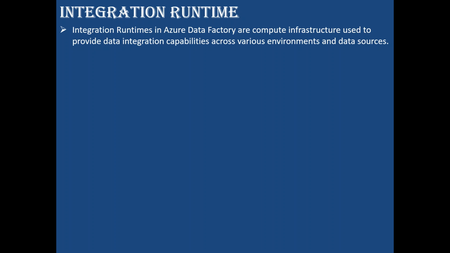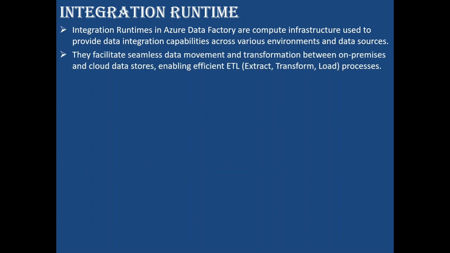Using this compute infrastructure, we can access resources in various environments, publicly accessible and privately accessible, all the different data sources. They facilitate seamless data movement and transformation between on-premise and cloud data stores, enabling efficient ETL processes.